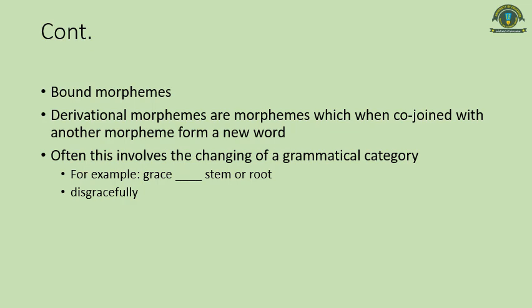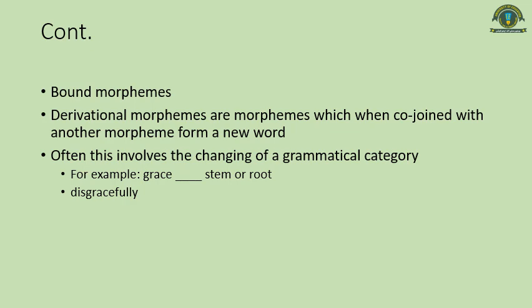When we do this, we use derivational morphemes, and usually it changes the grammatical category. For example, we have seen before the man and then we have ly. The first word man is a noun. When you put ly, it becomes an adjective.